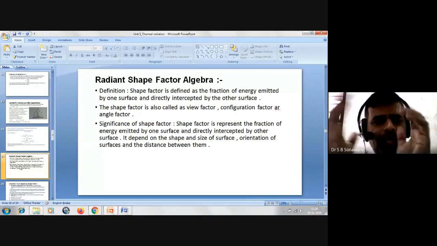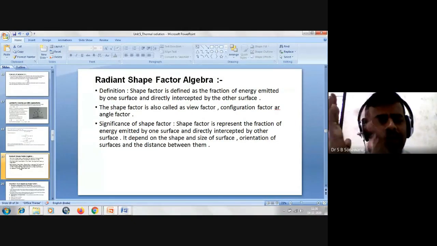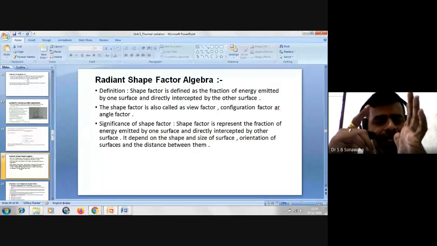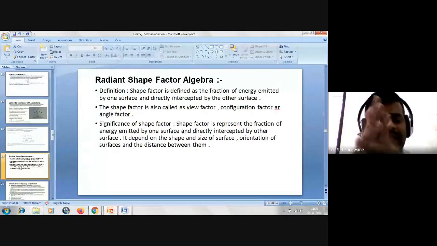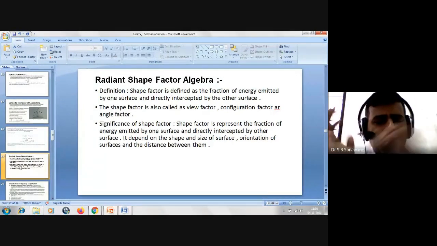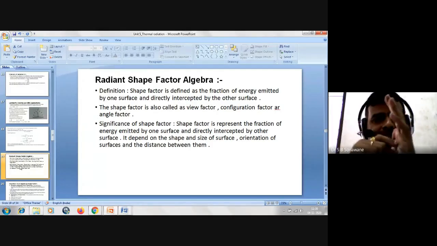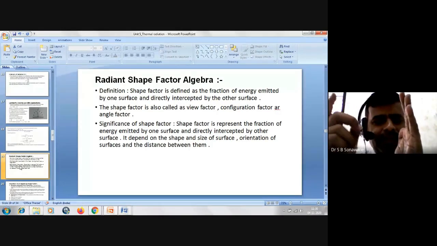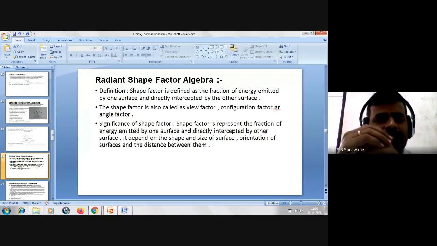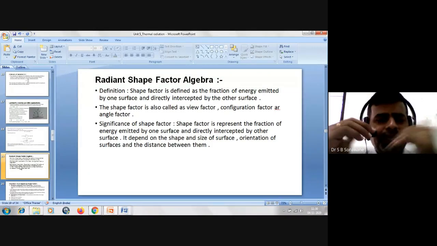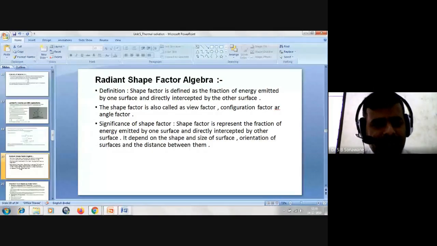Out of this Q1, how much is directly intercepted by the other surface? Suppose it is Q2. So the shape factor is the ratio of Q2 upon Q1, where Q1 is the energy emitted by one surface and Q2 is the energy directly intercepted by the other surface.